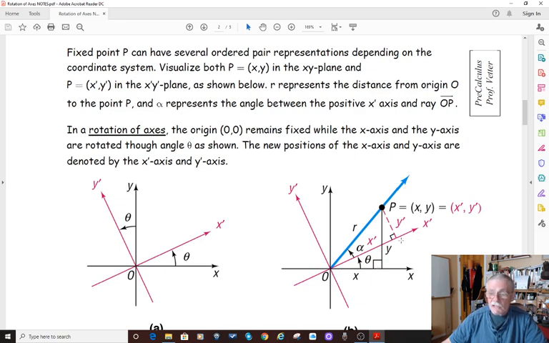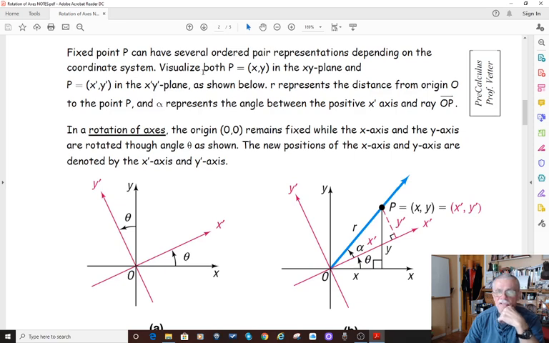X prime looks like it's a little bit longer. But the point is, if you change coordinate systems and you go with the red axes, x prime, y prime, you get a different representation for point P. Okay, so what this is talking about up here is related to the diagram here.